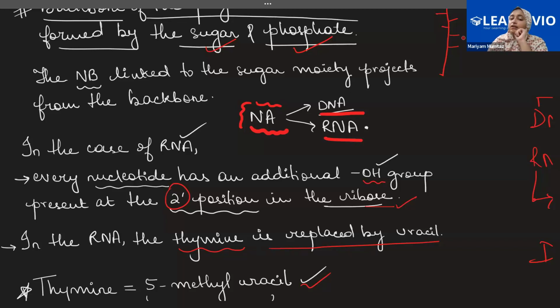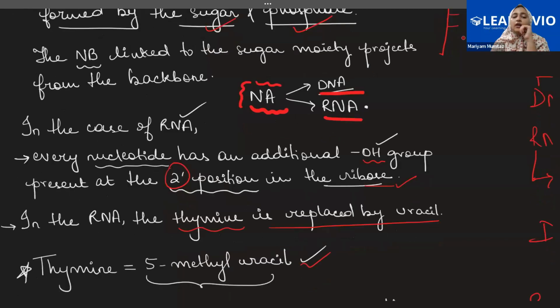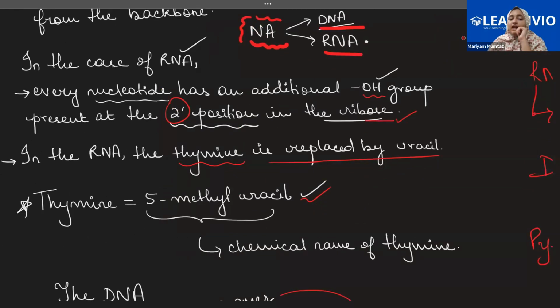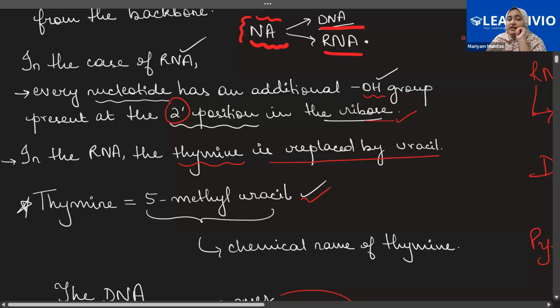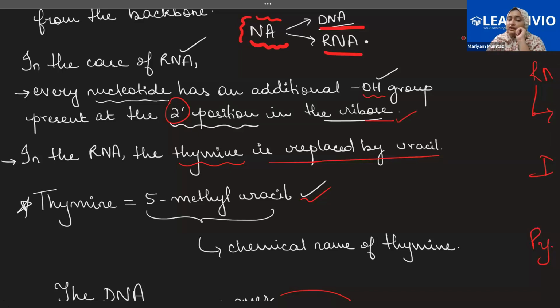If we talk about the DNA, the sugar that is there is deoxyribose sugar, whereas in the case of RNA, there is normal ribose sugar. So in the case of RNA, every nucleotide has an additional OH group, which is present at the second position. And in RNA, thymine is replaced by uracil.